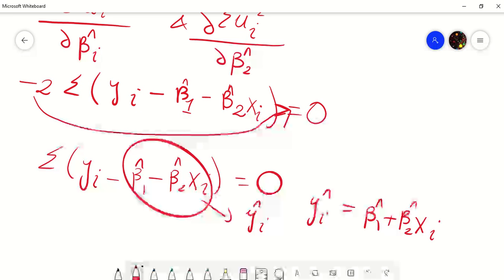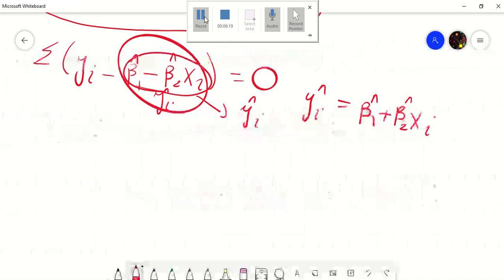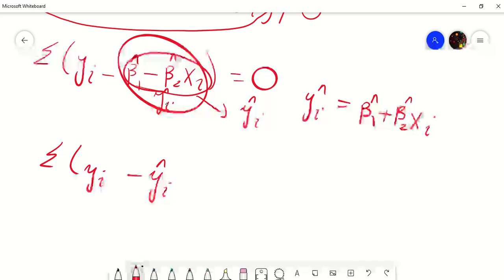So if we put yi hat over here instead of beta 1 hat plus beta 2 hat xi, we get summation yi minus yi hat equals 0.